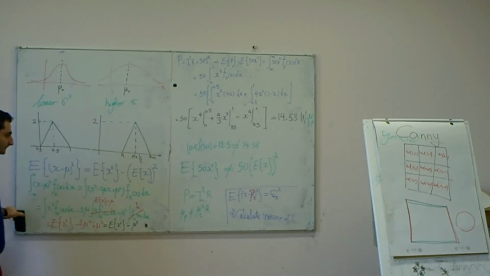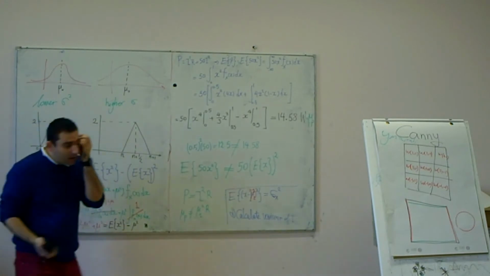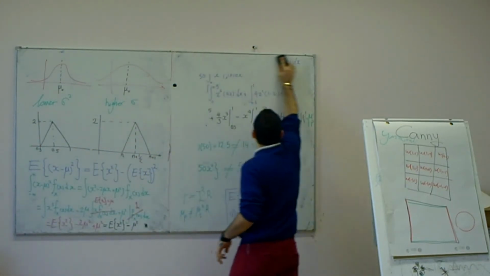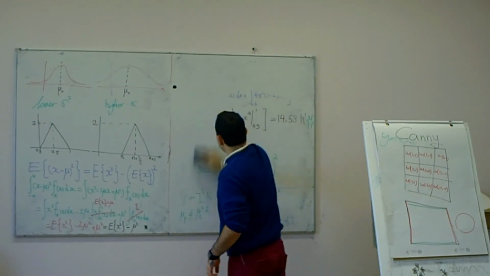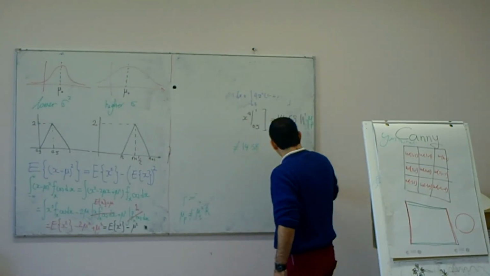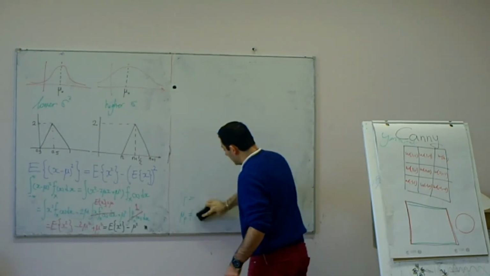Now, do you have any question? Let's talk about a very important theorem. And then after that, we do an example regarding that theorem. And then we will talk about the general form of that theorem that I derived on the board.